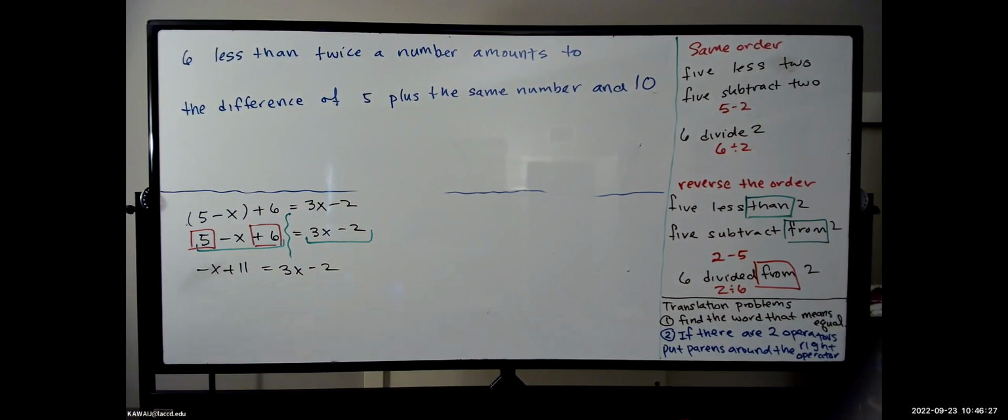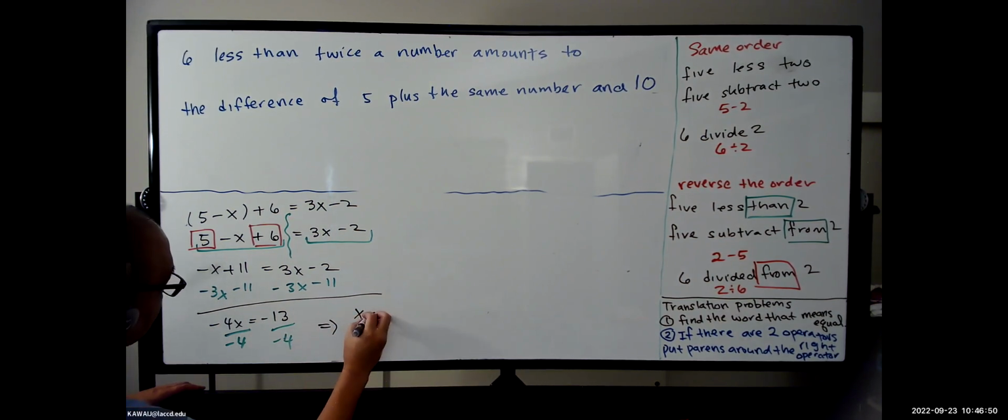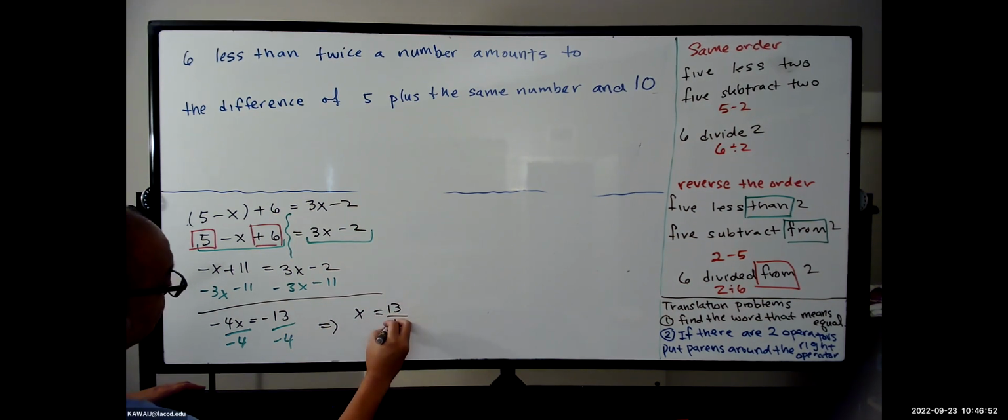And now we'll bring x's to one side. And then we'll bring numbers to the other. And then we'll divide both sides by minus 4. I get x is equal to 13 over 4 like that.